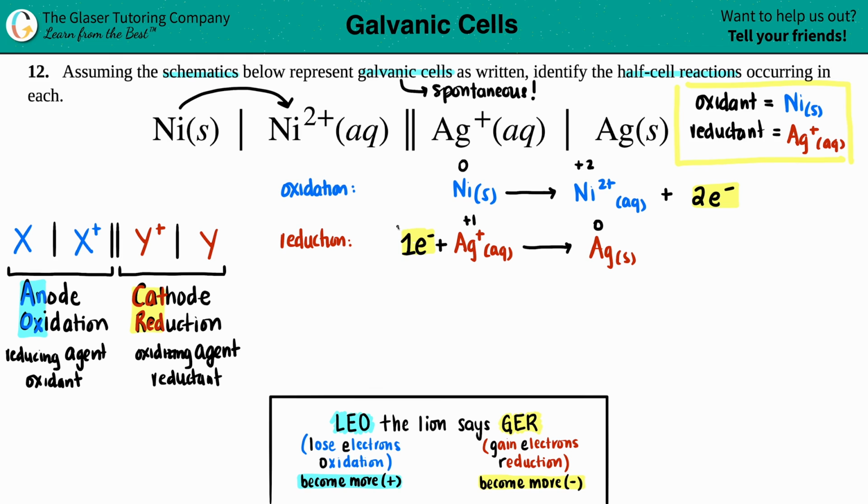Seems that I can take this and times it by 2, because 2 times 1 will get me 2 electrons. But you got to be fair. If you're timesing this by 2, you got to times everybody else by 2 as well. So now it turns into 2 electrons plus 2 Ag plus aqueous, and then I will have 2 Ag solids.